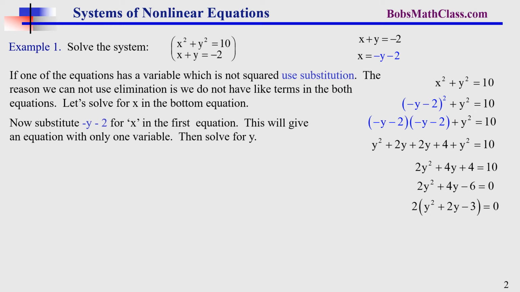Then factor that trinomial. The factors of 3 are 3 and 1. We wanted to subtract to be 2, so it'll be positive 3 and negative 1. Now we set all those equal to 0, so we get two answers, negative 3 and 1.